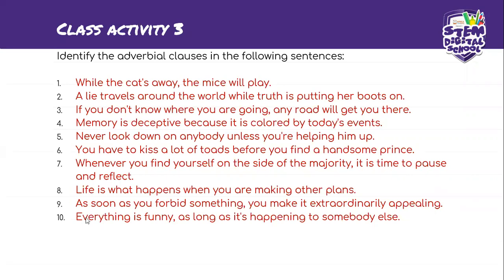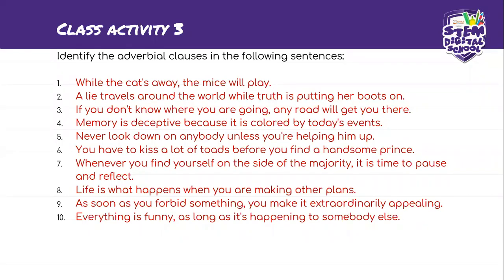Then let's go to number 9. As soon as you forbid something, you make it extraordinarily appealing. So what's the answer there? Okay, so the answer for this one will be as soon as you forbid something.